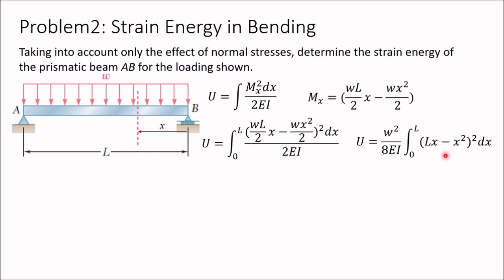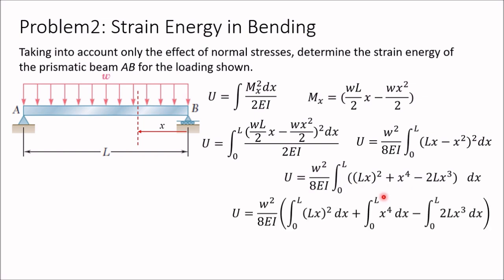Now simplify this, (a minus b)². So you get L²x² plus x⁴ minus 2 times Lx into x², which becomes 2Lx³. Now integrate this separately. First term, L²x², integral 0 to L dx. Second, x⁴ from 0 to L, minus the integral 0 to L of 2Lx³ dx.